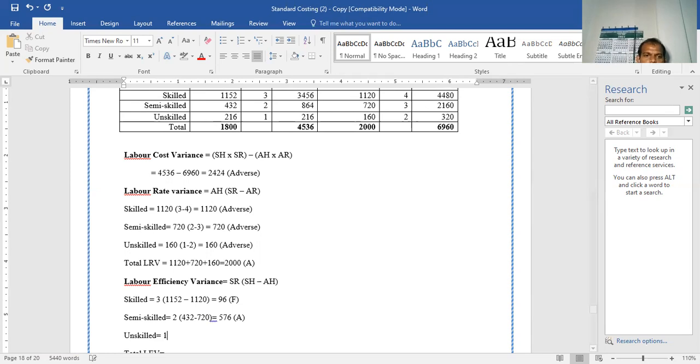Unskilled labor standard rate is 1. Standard hours are 216 minus actual hours 160. Here a plus value will come, means favorable variance, 56 favorable variance.